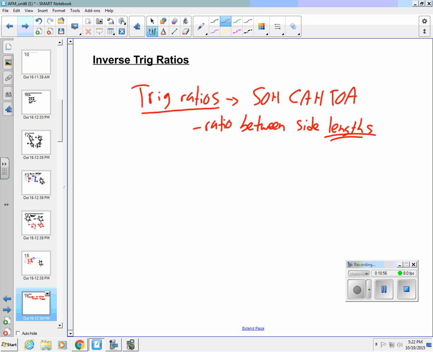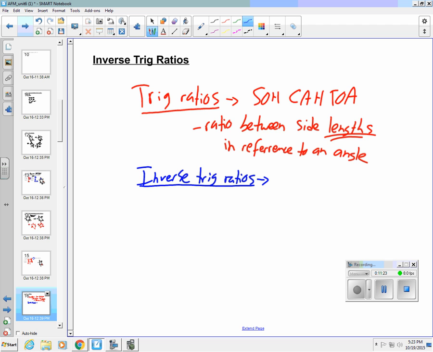So these represent ratios between lengths in reference to an angle. Regular trig ratios basically represent lengths. Inverse trig ratios represent angles. Inverse trig ratios are angles that have a given ratio between the sides. So they'll have a certain sine, cosine, or tangent ratio.